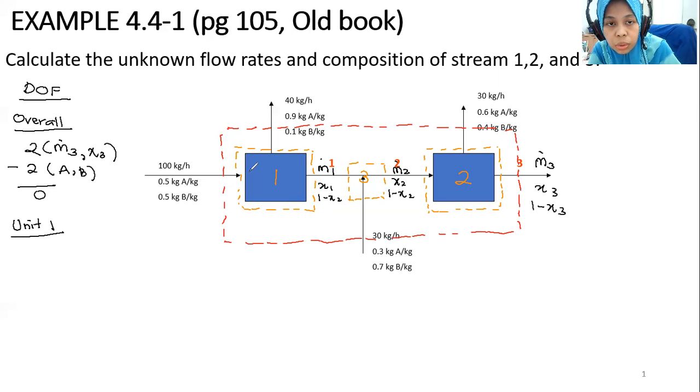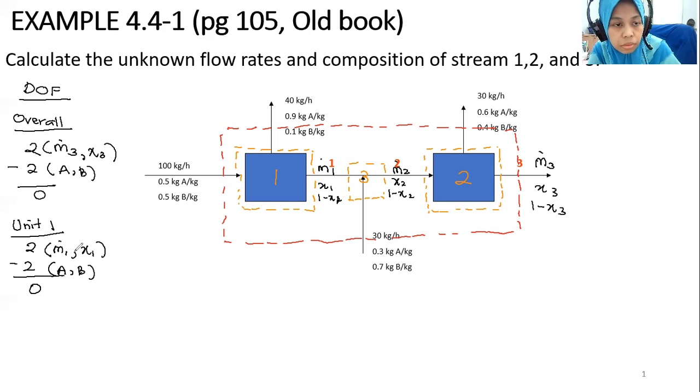We have two inlets and one outlet. We don't know the outlet for unit 1. So we have two unknowns, M1 and X1, minus the two substances, which are A and B. So the degree of freedom is 0.